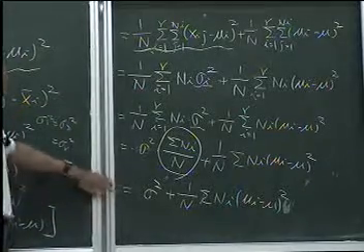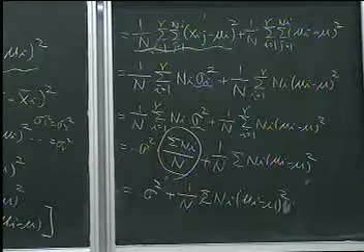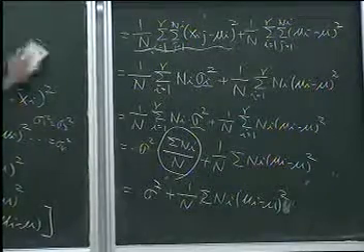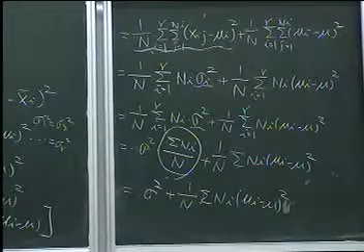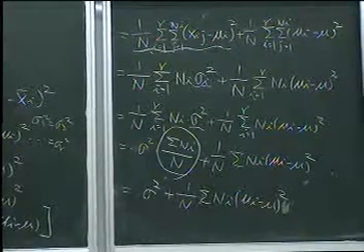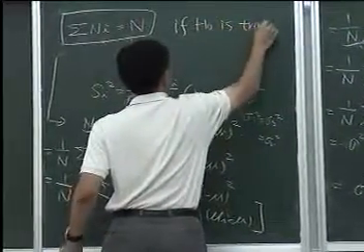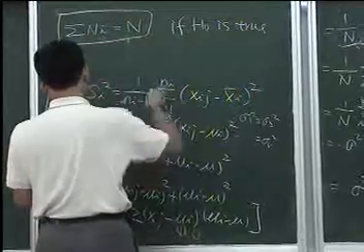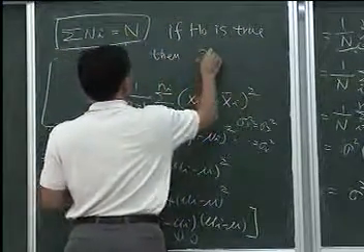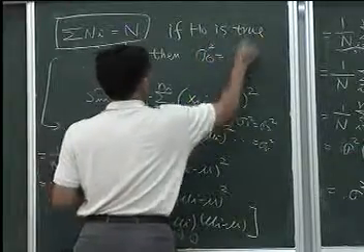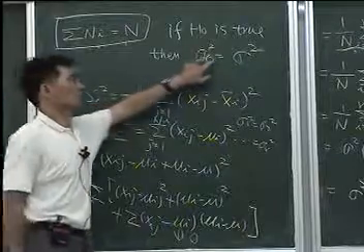Let me erase this part. If H naught is true, then sigma g squared must be equal to sigma squared.